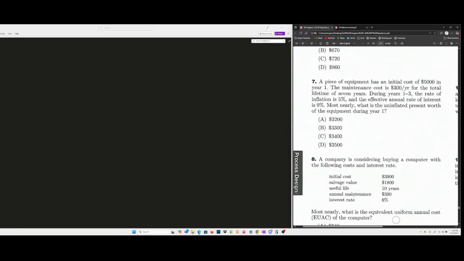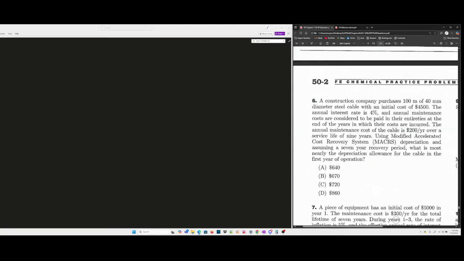Yes, question 6. We had the initial cost, the interest, and the annual maintenance. They say using MACRS recovery depreciation, assuming 7 years recovery. When we know the 7 years, we'll go get the MACRS factor and multiply by the cost.